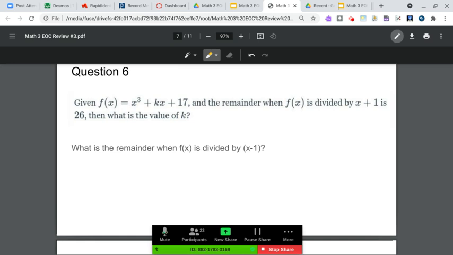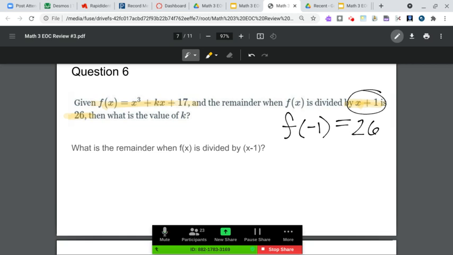It's testing you on multiple skills from the polynomial unit. First thing is, they tell us that when this function is divided by x plus 1, the remainder is 26. So that means when we plug in negative 1, because look at what we're dividing by, x plus 1, the remainder is 26.